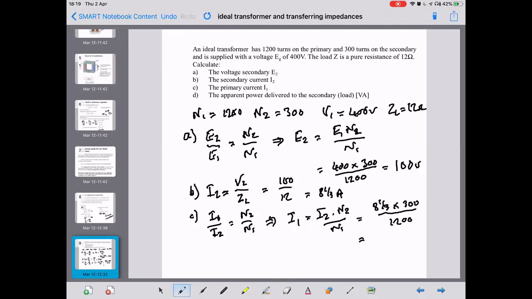Are we expecting it to be less or more? It should be less, shouldn't it? Because that's the primary side of a step down. I got 2.08. Yeah, that's what I got too.